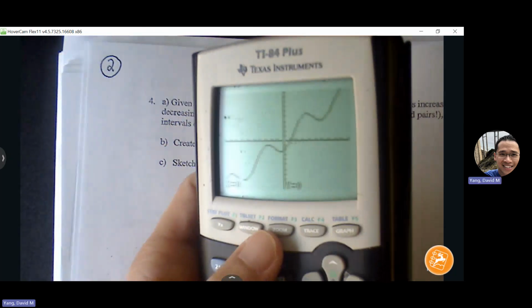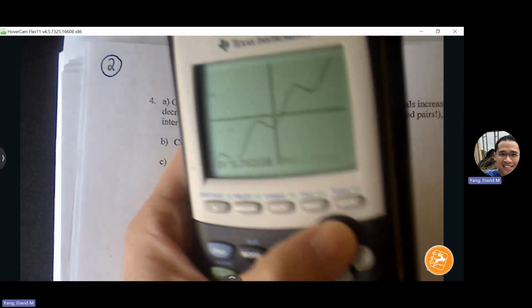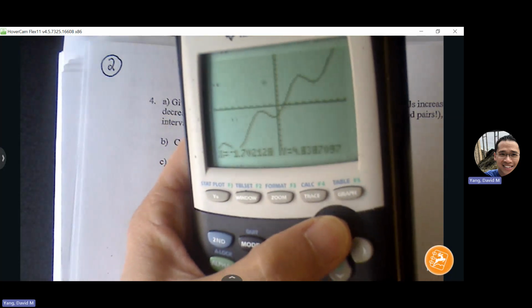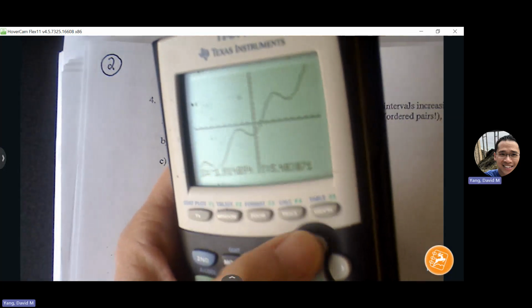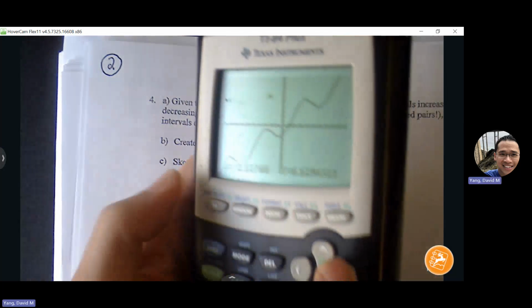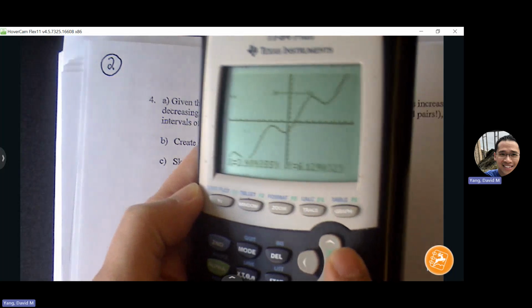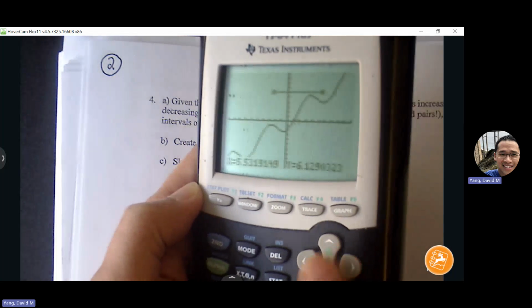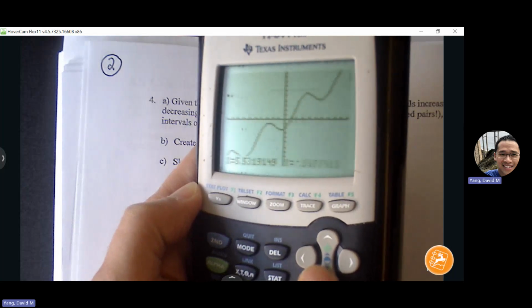So if you hit zoom one, it's activated now. I'm going to go to where I think, so I have my cursor there. I just picked a random spot here. Hit enter, and then you're going to use your arrows. Do not hit enter again until you see the box in front of you. So use your arrows to create the box.